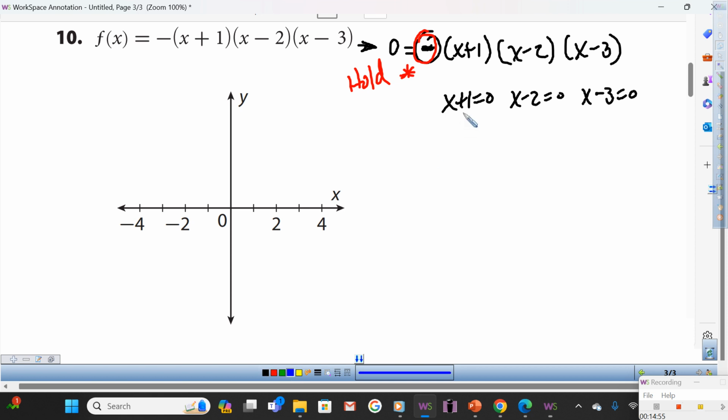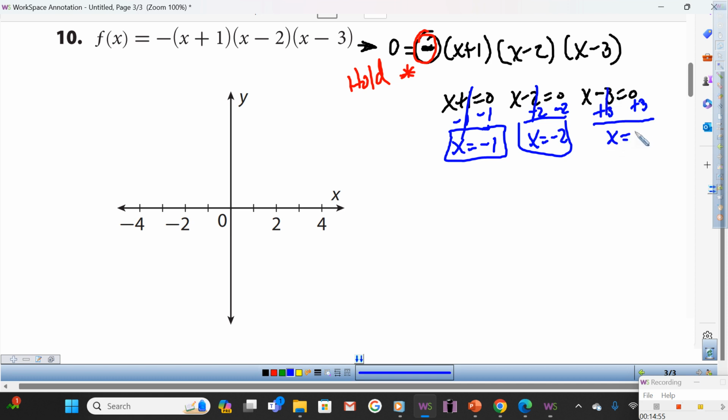Here we go. Minus 1, x equals negative 1. Minus 2, x equals negative 2. And plus 3, x equals 3.